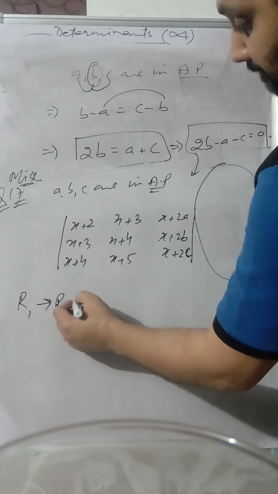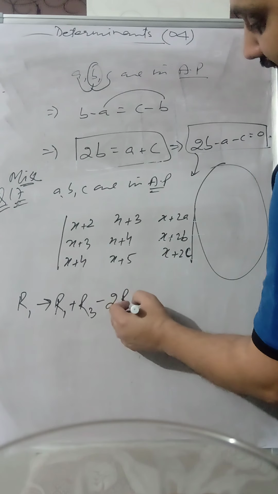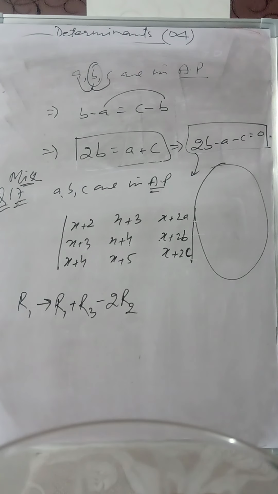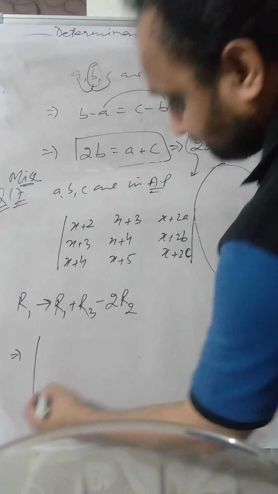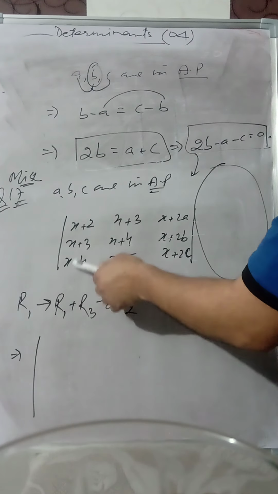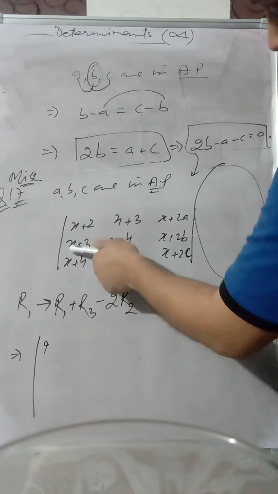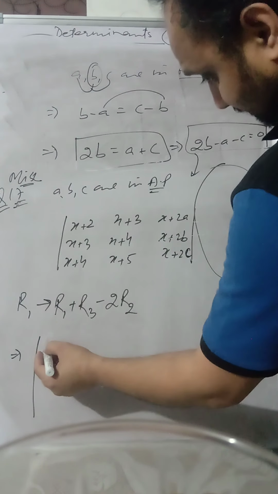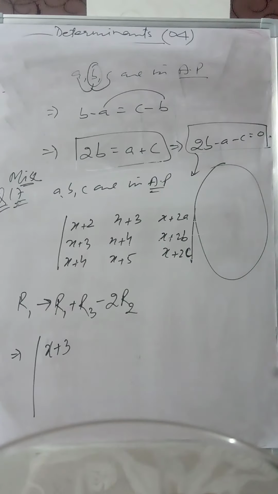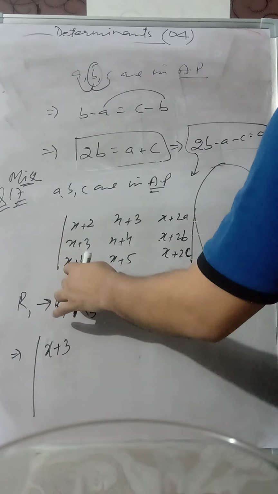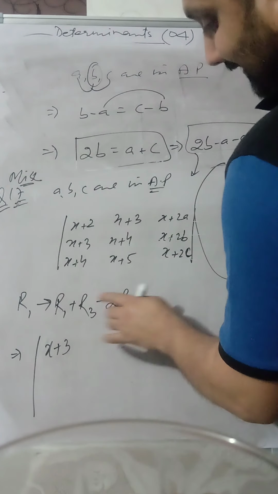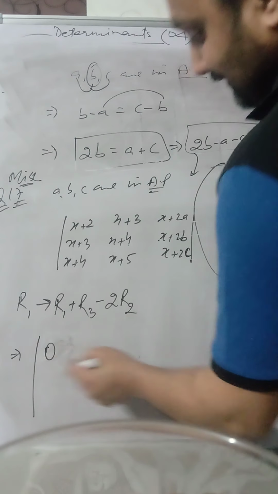You apply R1 plus R3 minus twice of R2. This will make it 0. Right. So please check. This will give you on R1, R1 plus R3, 2x plus 6, right, minus twice of x plus 3, it will be what? x plus 3 देखना है, यही बनता है हमारे पास. चेक कर लो अच्छी तरह से. हाँ, ये 2 times था, so what you will get here is 0 exactly.